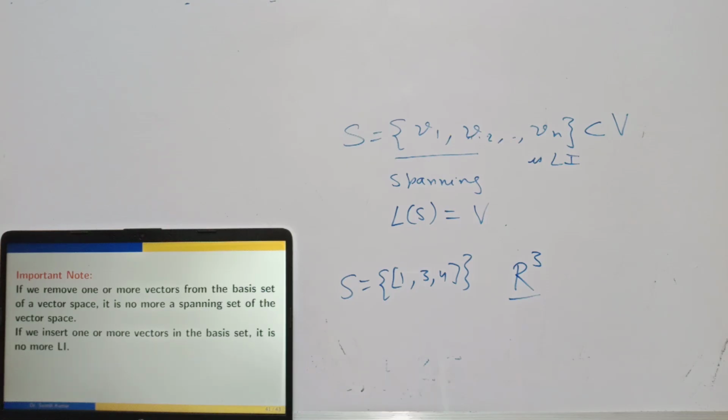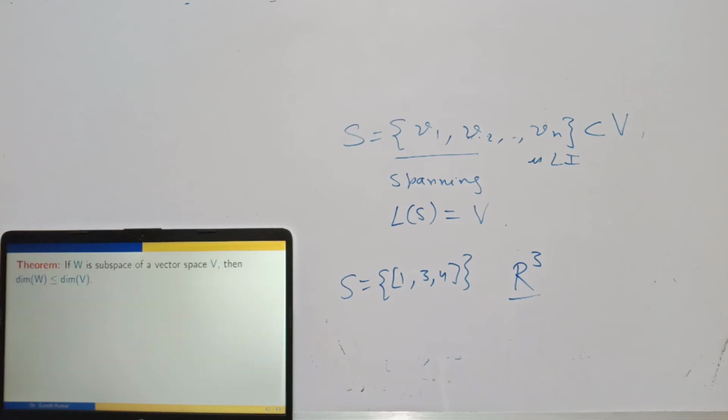From a basis, you cannot remove vectors, you cannot insert vectors. If you remove vectors, it loses the property of spanning set, and if you insert vectors, it loses the property of linear independence. So the number of elements in the basis remains the same, that is called the dimension of the vector space.